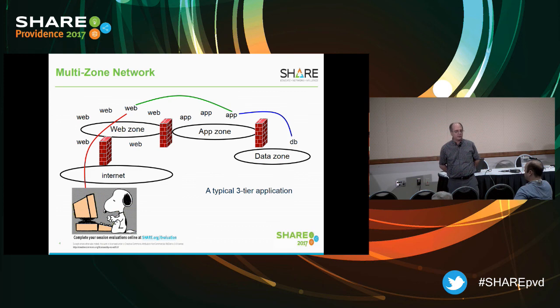I labeled it internet, but coming in through a set of firewalls, hitting my web servers. We're going to sign in to the application servers, and the applications are going to reach over into the database. Pretty typical arrangement. Sometimes things are two tiers, just depends on the purpose.